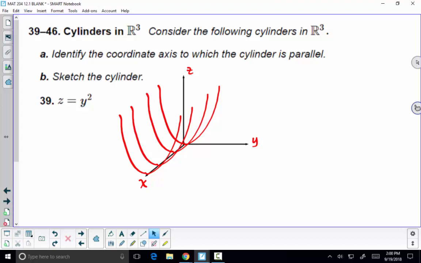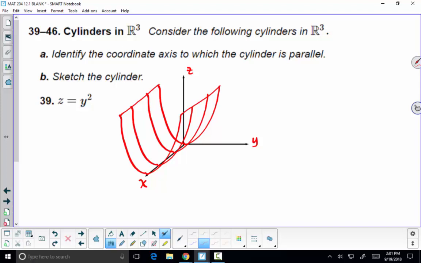So the first parabola I drew in the YZ plane was where the x values were 0. But this equation doesn't restrict x. So x could be 0, 1, 2, 3, 4, it could be pi. So that forms our whole cylinder. If we connect all these together, we have that cylinder.